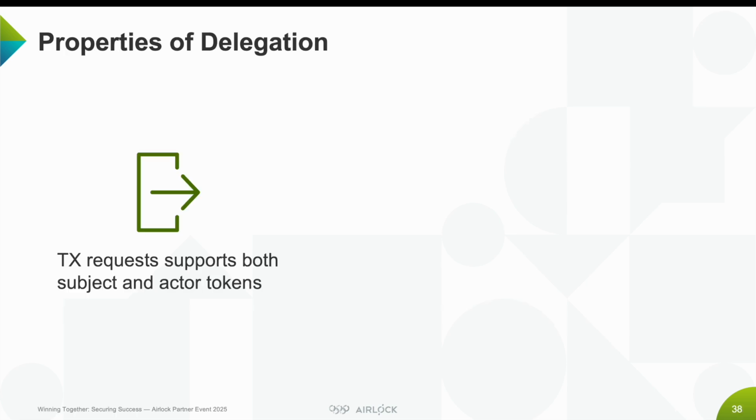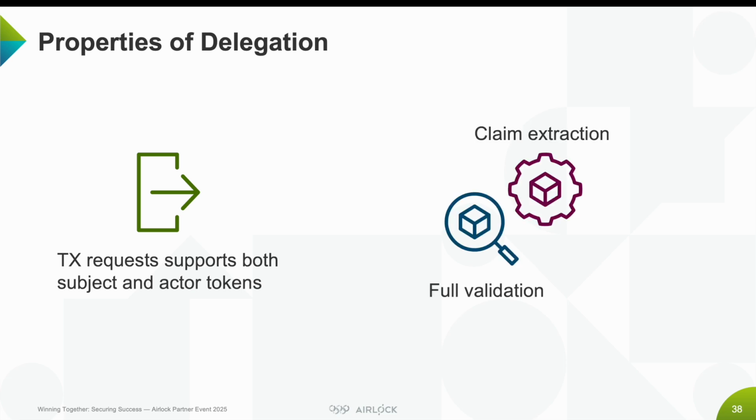What are the properties of delegation? Token exchange now supports both subject and actor tokens in a request, and will also use them to generate the resulting access tokens. To make this more useful, we now have two types of dealing with those source tokens. The first one is claim extraction, which basically means we're taking the token and extracting the claims, but we're ignoring signatures if they exist.